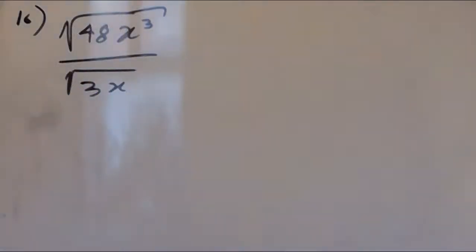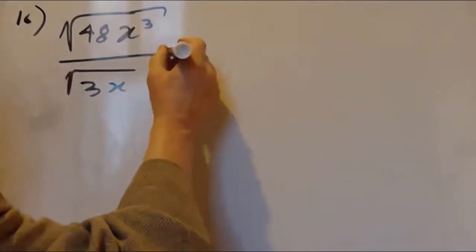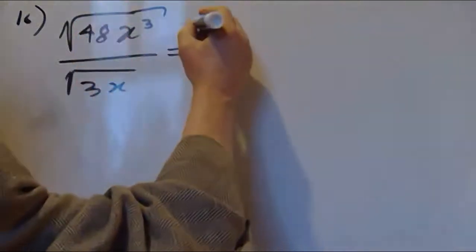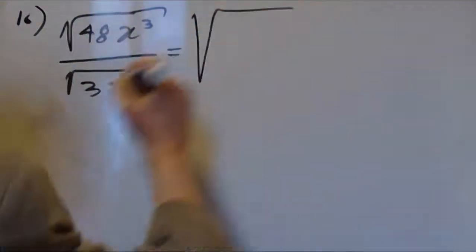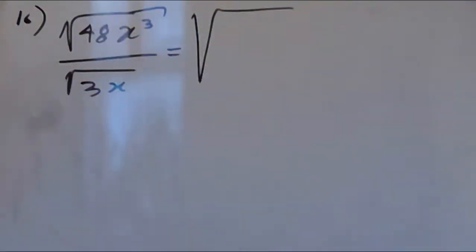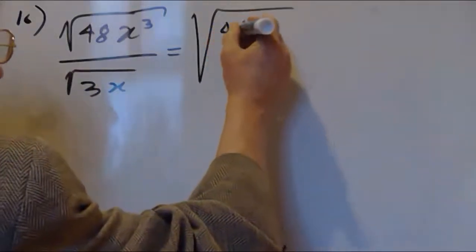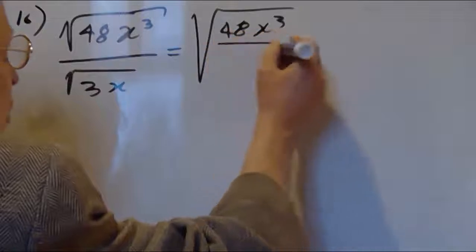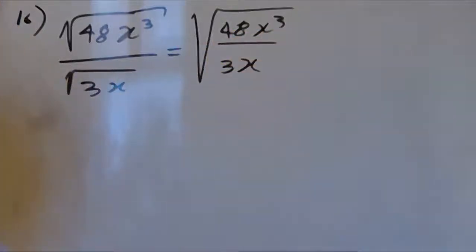Let's see if we can make things a little easier by one of our tricks that we learned in an earlier lecture. I'm going to put everything under the radical sign to see if I can simplify anything. So I have 48x cubed over 3x.